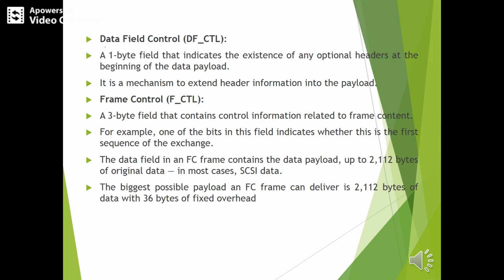So next comes data field control, DFCTL, which is a 1 byte field that indicates the existence of any optional header at the beginning of the payload. So data field control specifies the existence of any additional header at the beginning of the data payload.